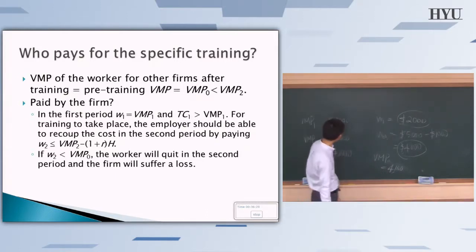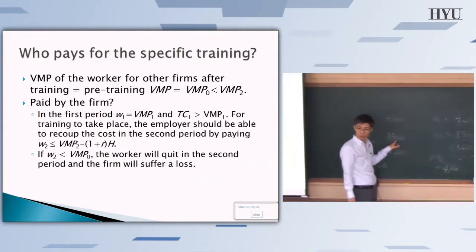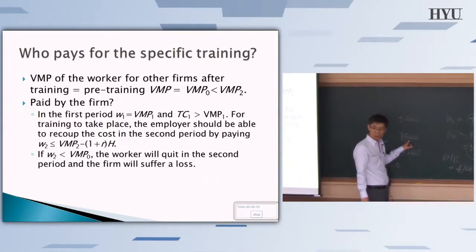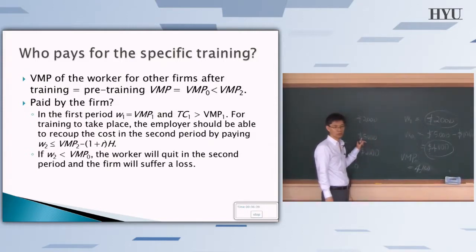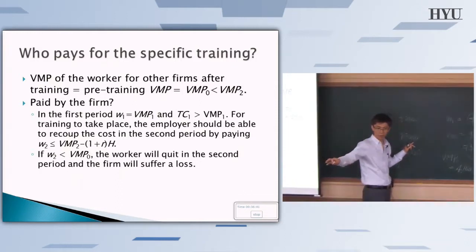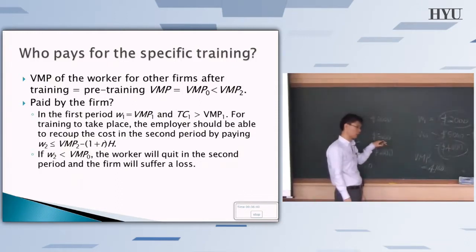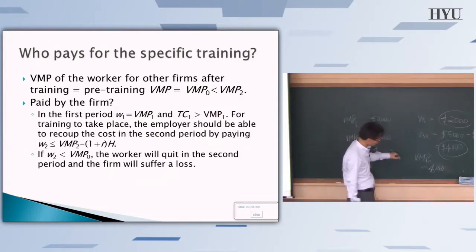This is actually lower than $5,000. Okay, why? Because this is a specific training. So the individual is not worth $5,000 to any other firm. It's worth lower than $5,000. It's worth $5,000 only to this specific company, not to anybody else.